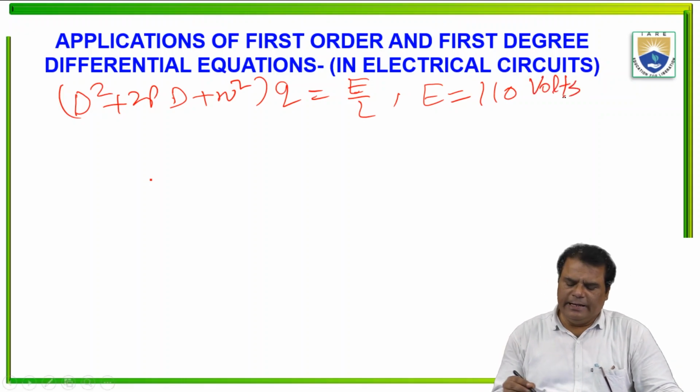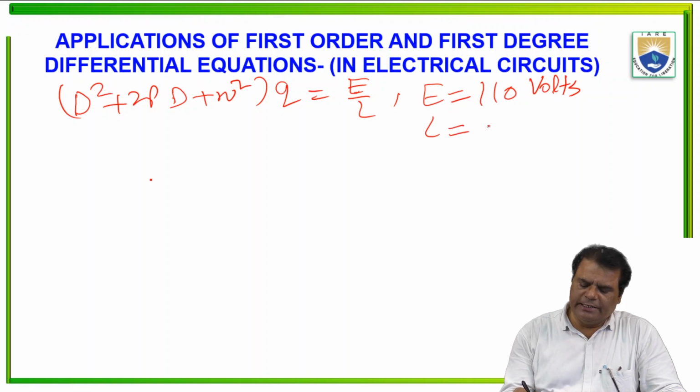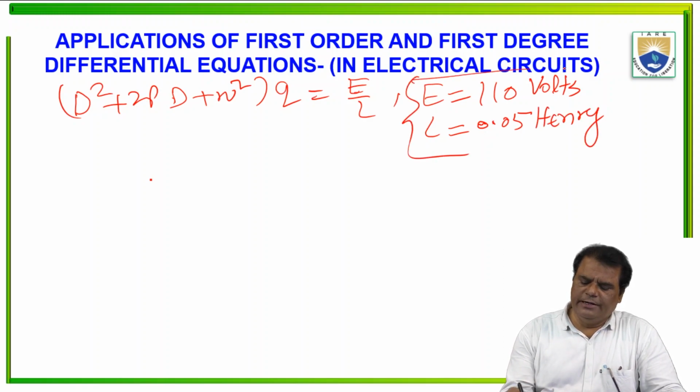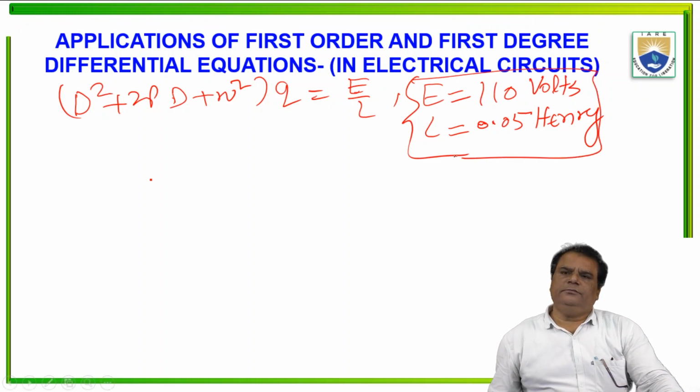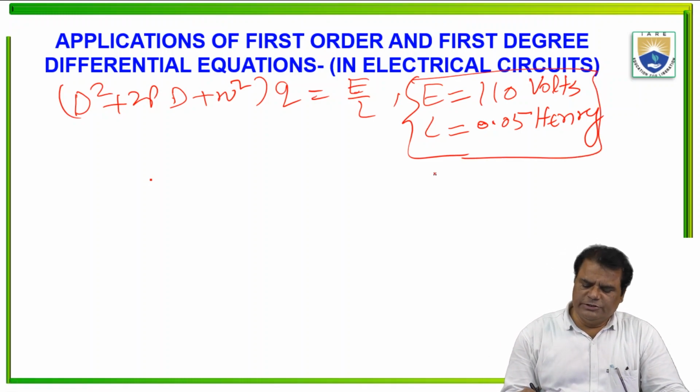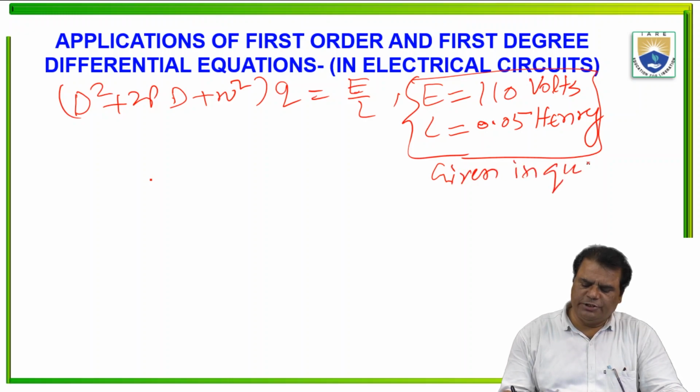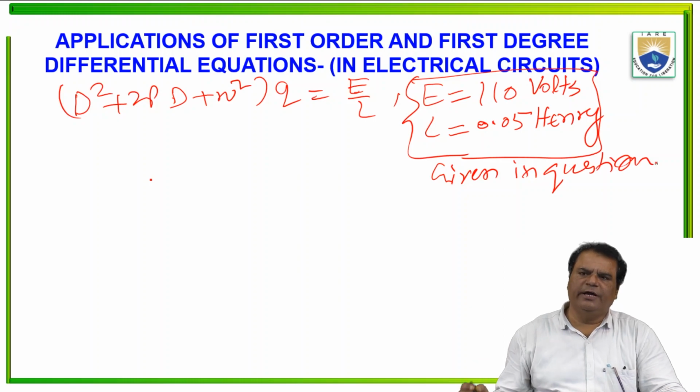And L is the inductance, which is given as 0.05 Henry. This value is given in the question.